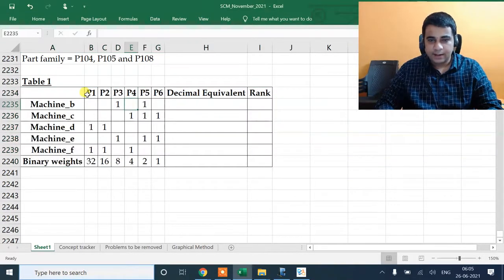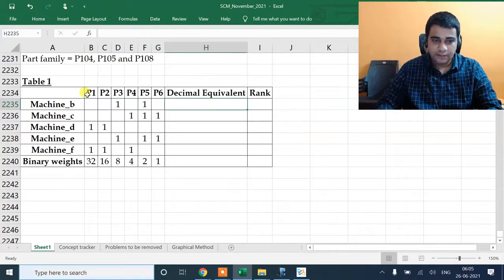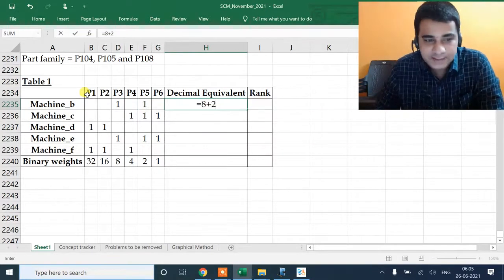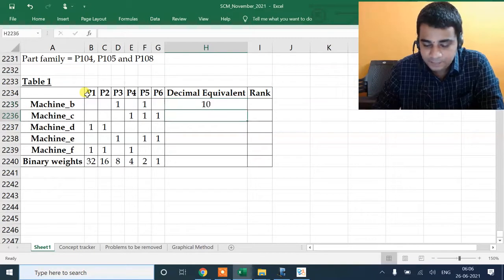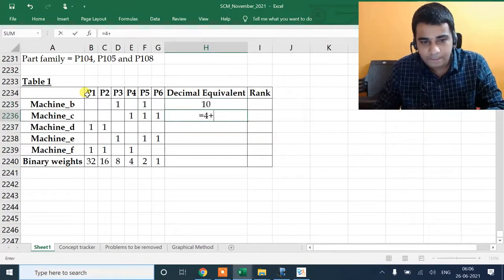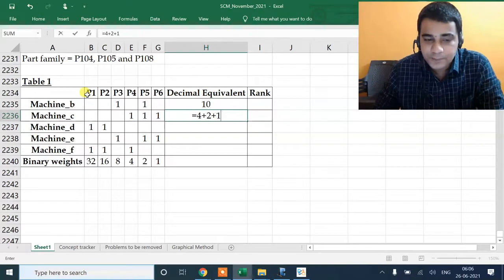Now the decimal equivalent is very simple. P3 has a value, so the weight of P3 is 8. 8 plus 2. The weight of P5 is 2. 4 plus 2 plus 1.